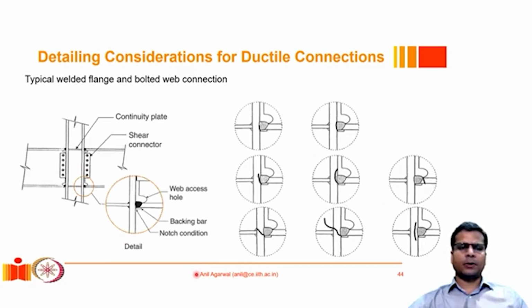Now, the handicap here is that in the Indian code, there are no detailed guidelines for the designing and detailing of ductile connections yet. One code is under development, so soon it will be published, and then we would have more strict and more uniform guidelines for such connections. Until then, we would have to follow some of the international standards or the fundamental principles to design ductile connections or ductile frames.